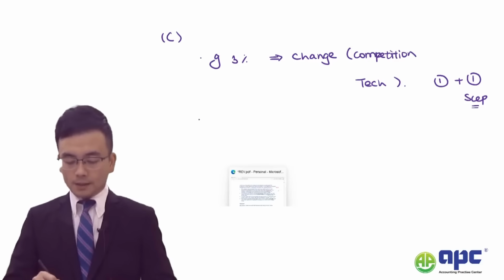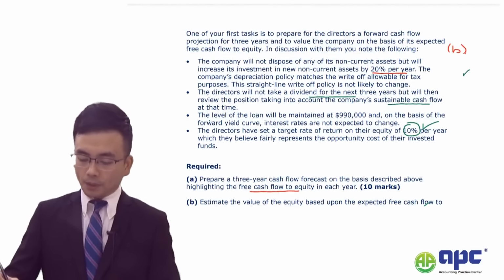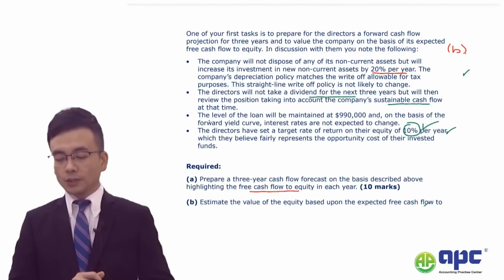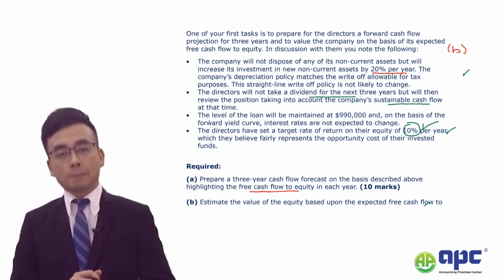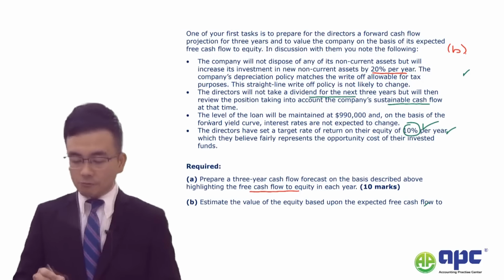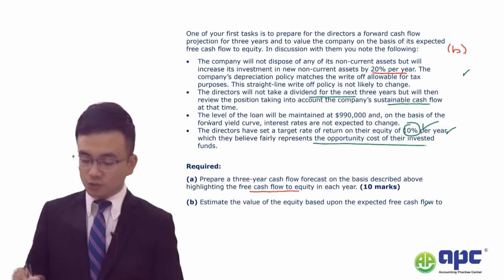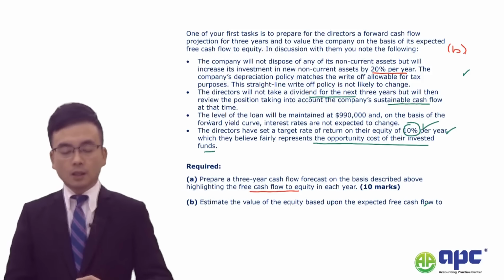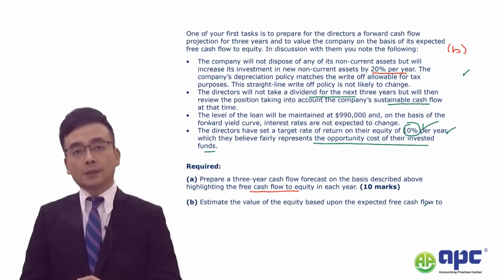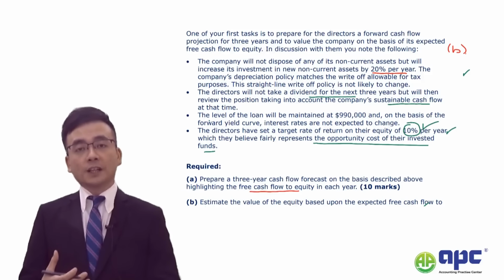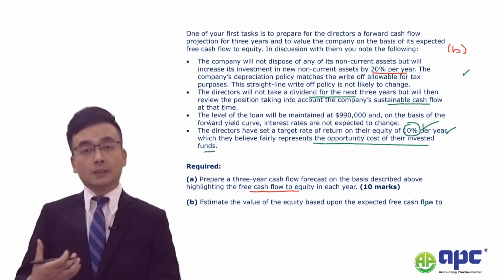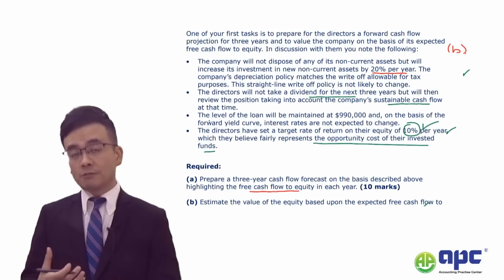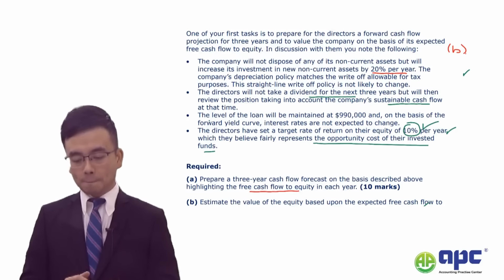Secondly, we're told the target return on the equity will be 10%. But that represents the opportunity cost of their invested funds. So this means that they've invested something. It seems to me that it's more of a well-diversified portfolio that they are holding.